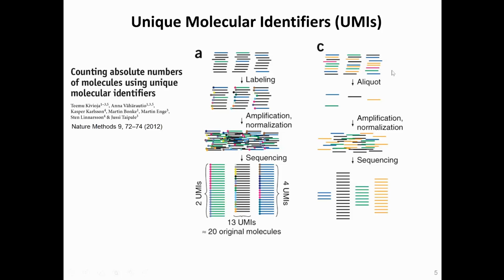You take your RNA or cDNAs at that point, take an aliquot, and then before you can sequence them, you have to amplify them, usually with PCR. And then at the end of the day, you take a look at the counts, the number of reads, in each gene or each position. And you take those reads to be representative of the amount in your original aliquot.